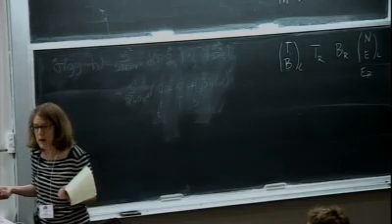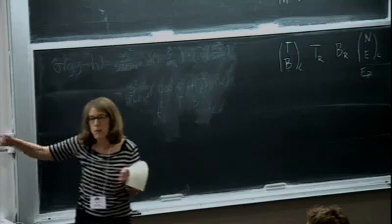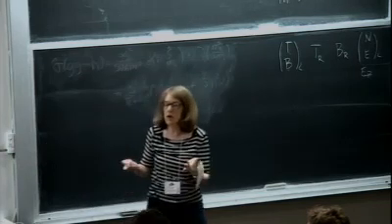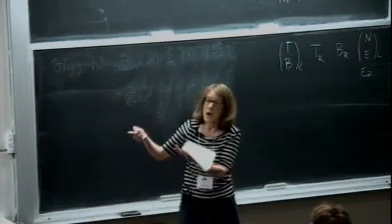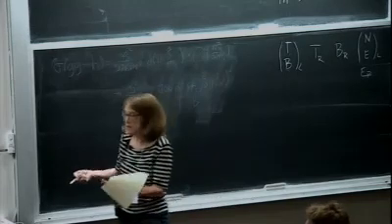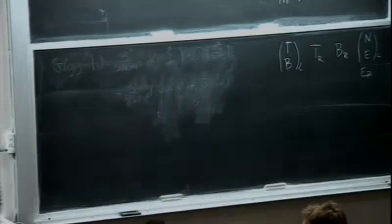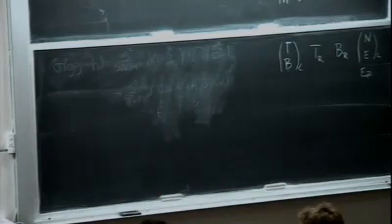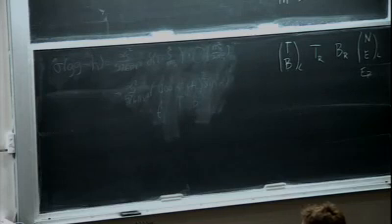But it's a unitary matrix, and this argument relies on the fact that for unitary matrices, U dagger U is 1, right? So there would be complicated coefficients for each of these things, but they would be coefficients coming from unitary matrices. So you would get exactly the same thing.